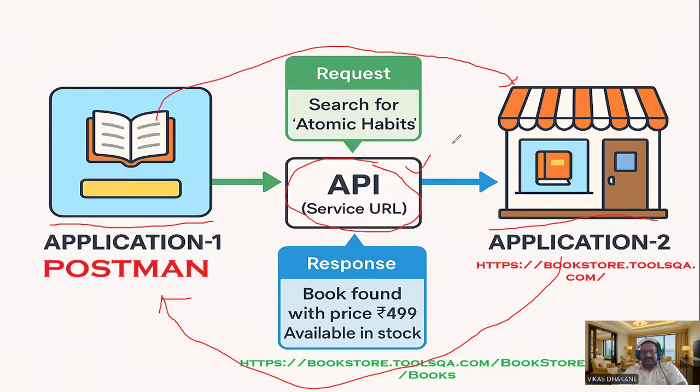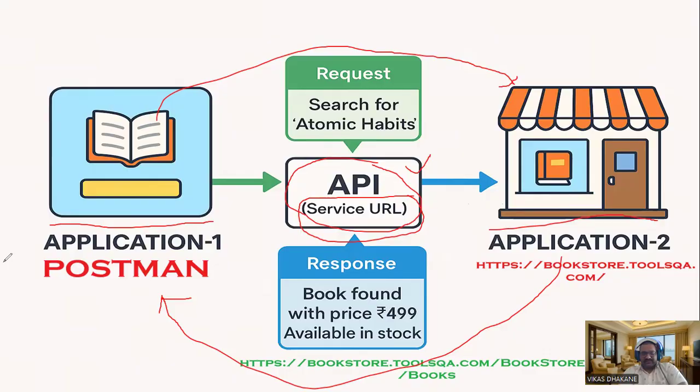So what exactly is this API? An API consists of different components. In the previous video I already explained the different components. The main component in the API is the service URL. Then it also consists of different HTTP methods, like the POST method, GET method, PUT method, DELETE method, etc.